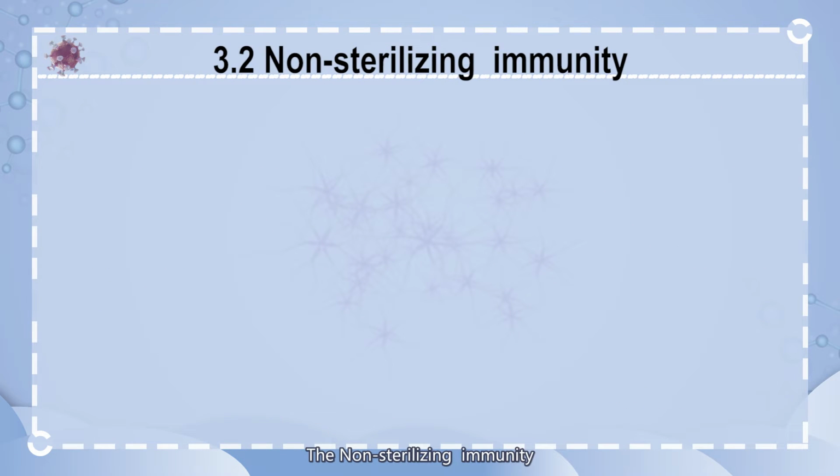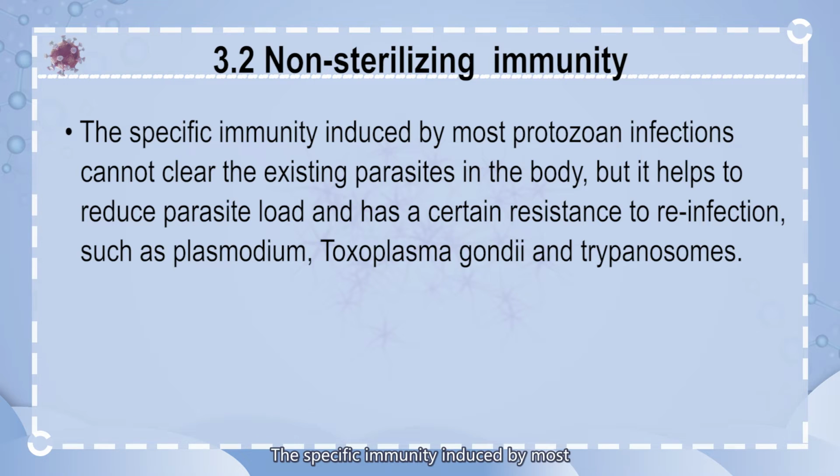Non-sterilizing immunity. The most common immune response is non-sterilizing immunity. The specific immunity induced by most protozoal infections cannot clear the existing parasites in the body, but it helps to reduce parasite load and has a certain resistance to reinfection, such as Plasmodium, Toxoplasma gondii, and trypanosomes.